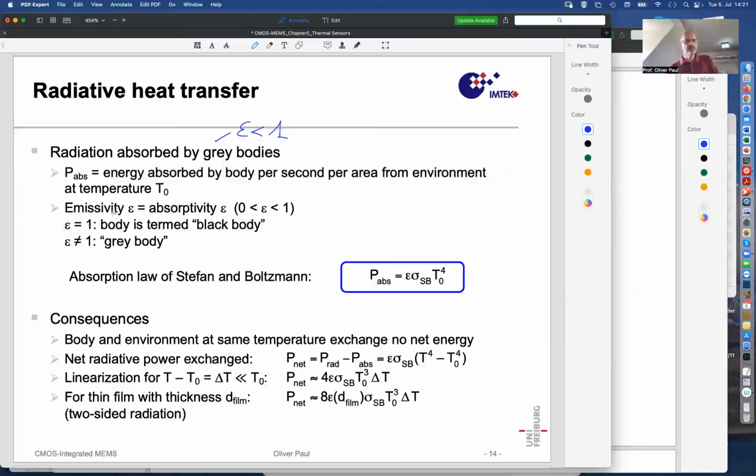And what one has is that the absorptivity, and I should really replace epsilon by alpha, it is usually written by alpha. The absorptivity alpha or A is like epsilon, smaller than 1 and larger than 0, and it's actually equal to the emissivity. That is needed for thermodynamic reasons. If it were not the case, we would construct a thermodynamic perpetuum mobile.